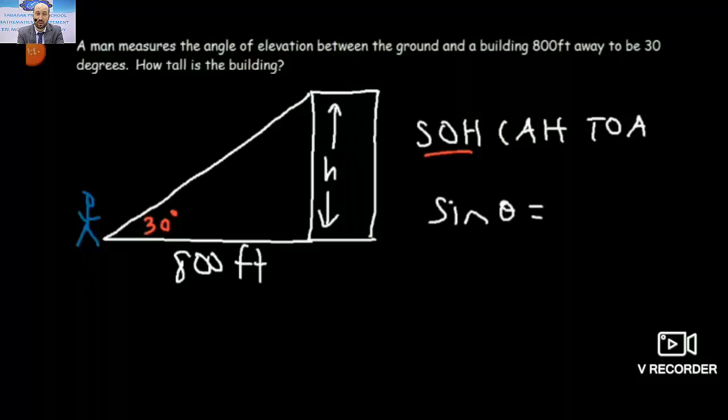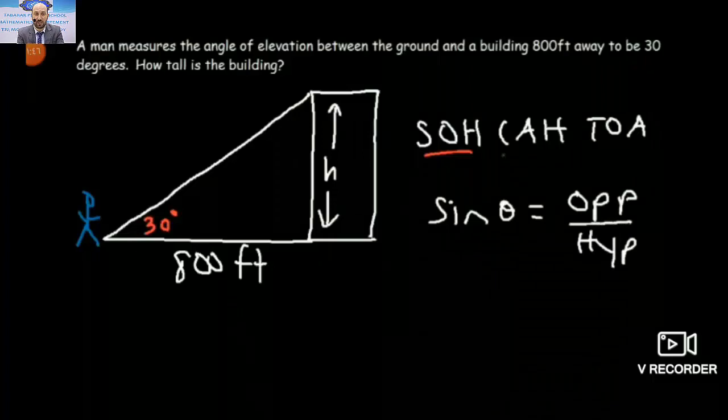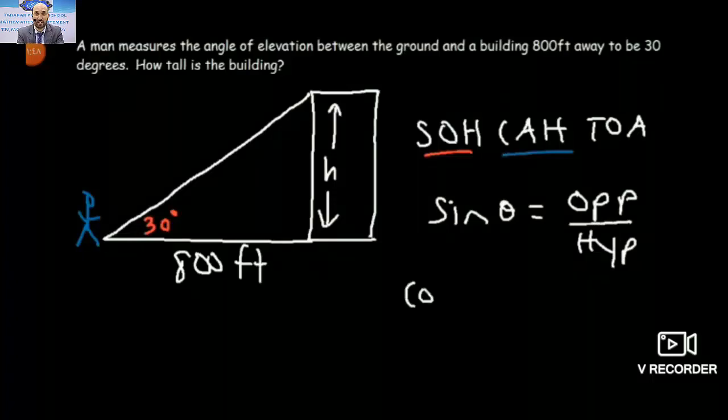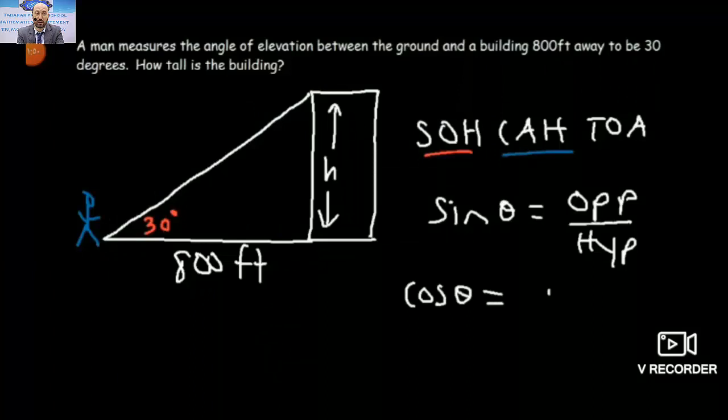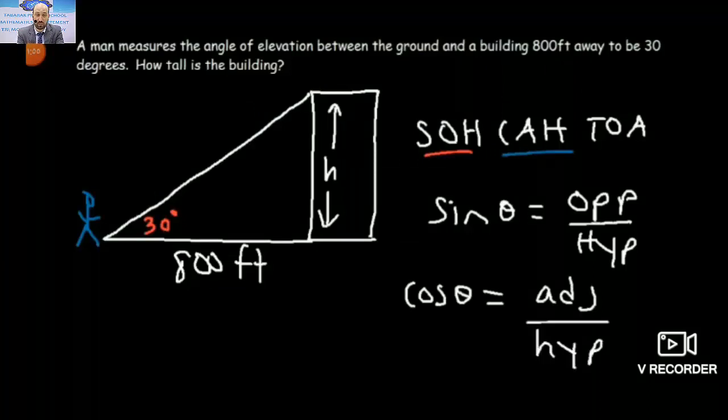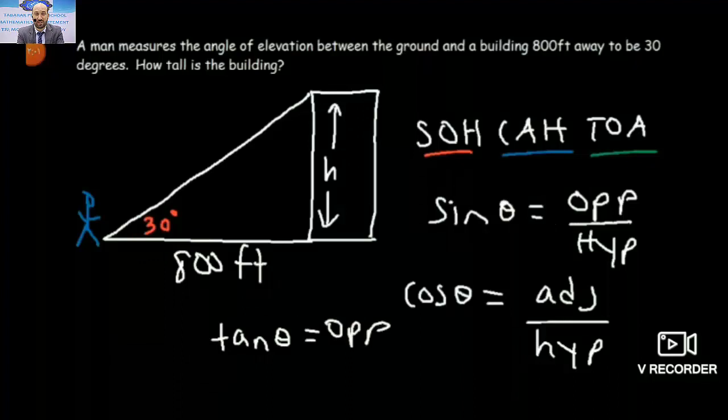Sine is opposite over hypotenuse, which will not be the correct one. Cosine is adjacent over hypotenuse, and tan is opposite over adjacent.